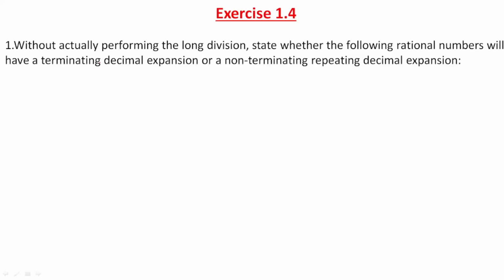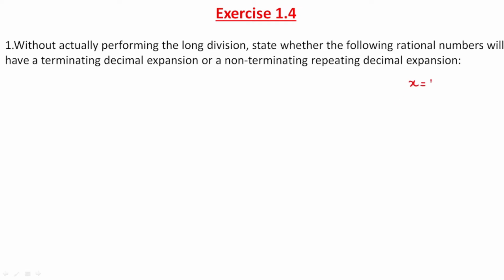So this is exercise 1.4. The first question says, without actually performing the long division, state whether the following rational numbers will have a terminating decimal expansion or a non-terminating decimal expansion. We have discussed the theorem, right? Let's write down the theorem on the right side.